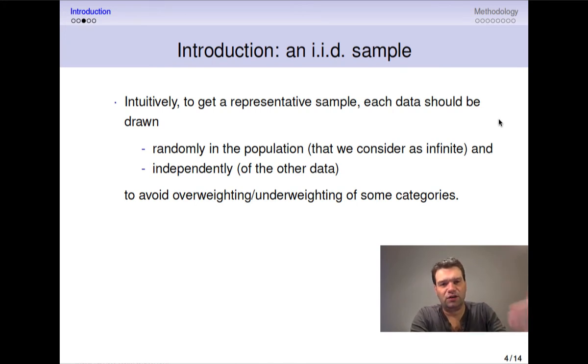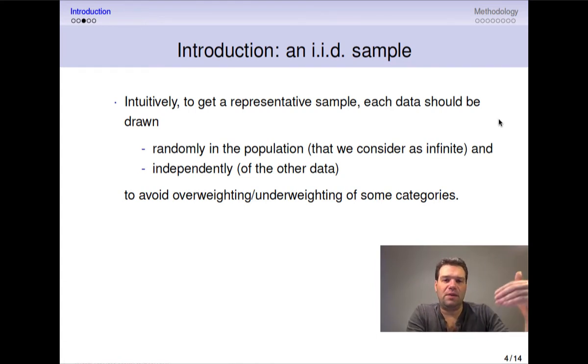In computer science, true random generators do not really exist, but you pick up at random. The idea would be to pick up at random individuals inside a list, such that we do not intentionally over or underweight some category.